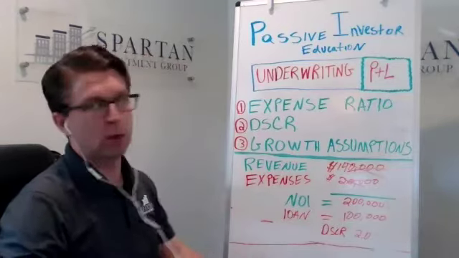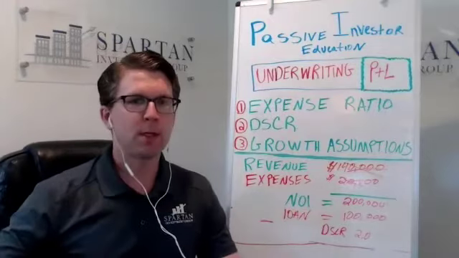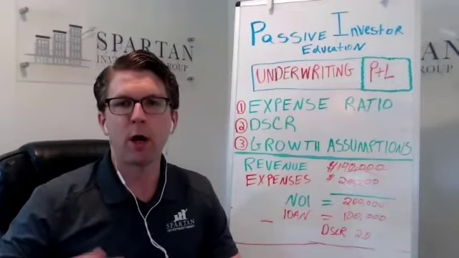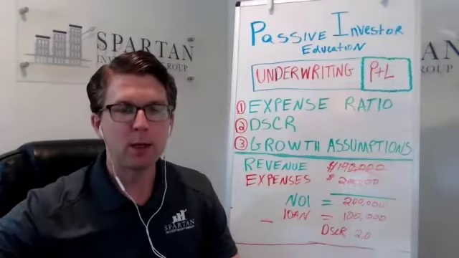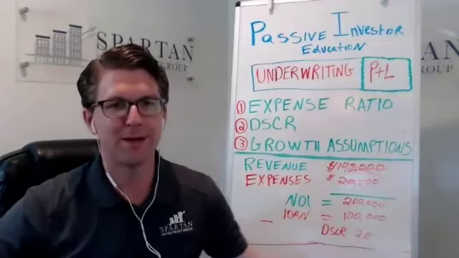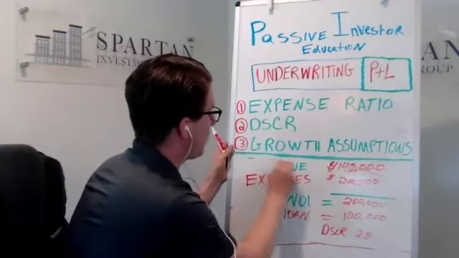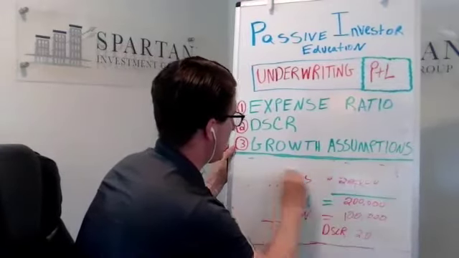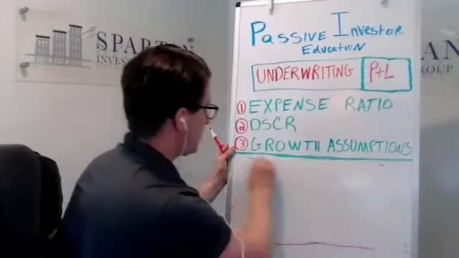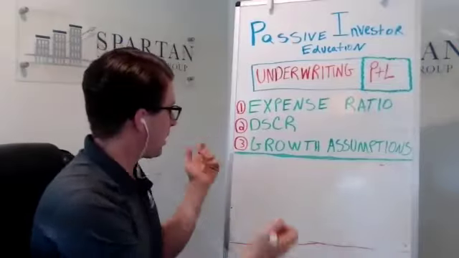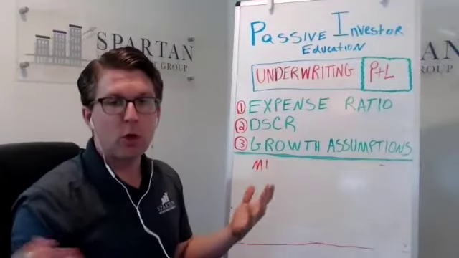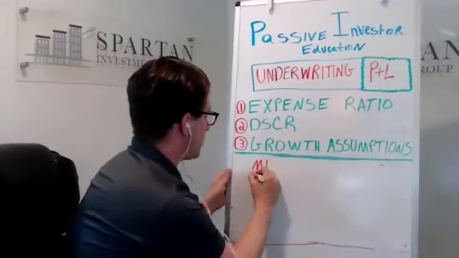Now, the last thing I'd look at is growth rate assumptions. Everybody talks about this. People say, oh man, we're conservative underwriters, but are there any underwriters out there underwriting rents declining, revenue declining, or is it always roses and rents going up? That's something to think about. And if the operator doesn't list it and calculate it for you, you can simply look at the P&L and say, okay, in year one, let's say the total rents collected is $100,000.